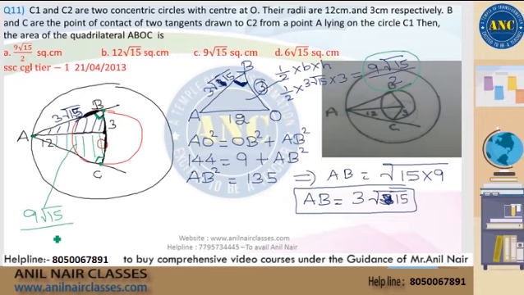But the question asks you to find the total area of both these triangles, so that it becomes quadrilateral ABOC. So it is 9 root 15 by 2 for AOC plus 9 root 15 by 2 for AOB. So it is x by 2 plus x by 2, which is nothing but x.